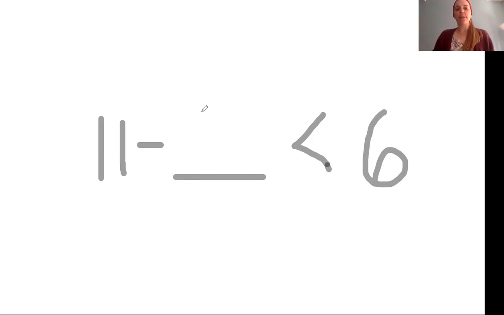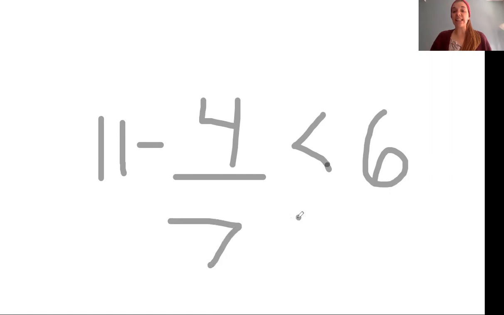What if I put 4 here? Would 11 minus 4 be less than 6? Well, let's think. 11, so 10 and 1, you take away 4. 10, 9, 8, 7. So we would have 7 is less than 6.